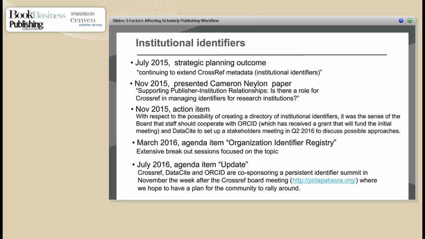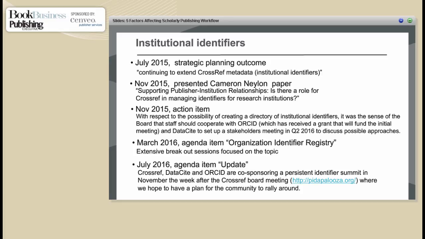In November of this year, there's a thing called the Pitapalooza going to be taking place in Reykjavik. There's a link there to it, pitapalooza.org. It's essentially trying to bring everyone together in the community to talk about what's needed for organizational identifiers. Actually, identifiers in general. It's not just organizational identifiers.